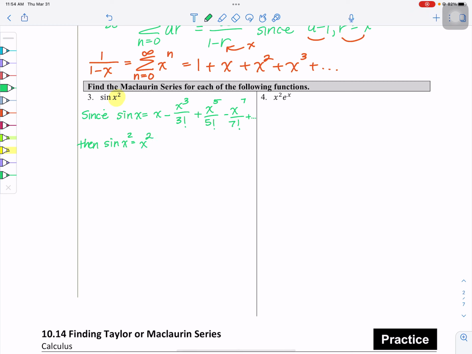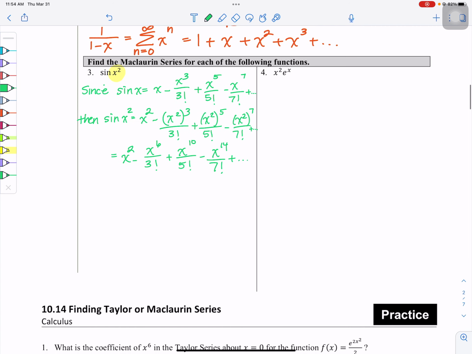So we're going to have x squared minus x squared cubed over 3 factorial plus x squared to the 5th over 5 factorial minus x squared to the 7th over 7 factorial, and so forth. So we have x squared minus x to the 6th over 3 factorial plus x to the 10th over 5 factorial, minus x to the 14th over 7 factorial, and so forth.